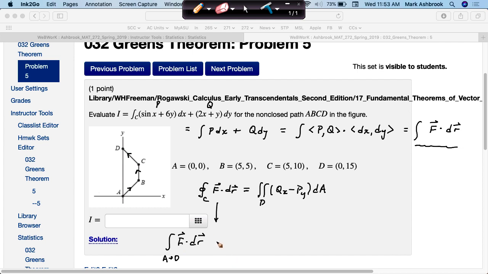And then what else would we need to close the loop? Yeah, the integral then from D to A along here. So the sum of those two would give us a closed loop around that, and then that would equal the double integral over D of Qx minus Py.